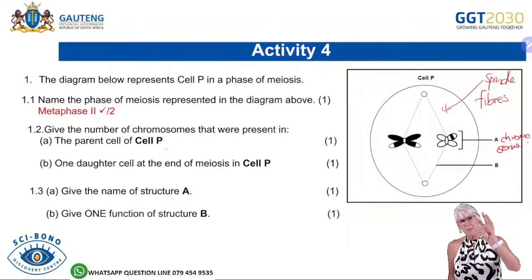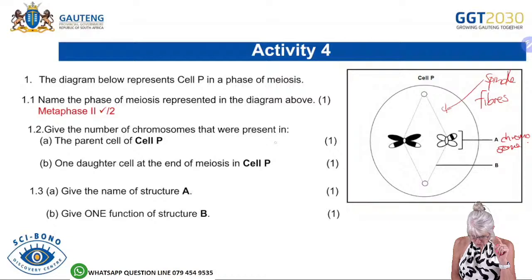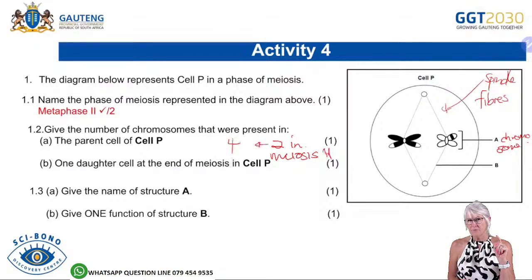So we go from diploid number of chromosomes to haploid. So we half the number. So if I've got 2 in meiosis 2, how many did I have in meiosis 1? I must have, so I double that number and it becomes 4. Okay, so it's actually very easy.